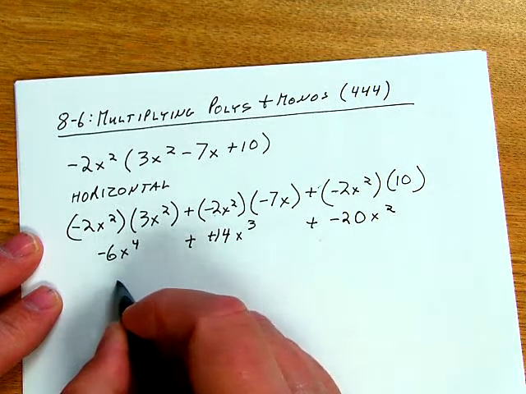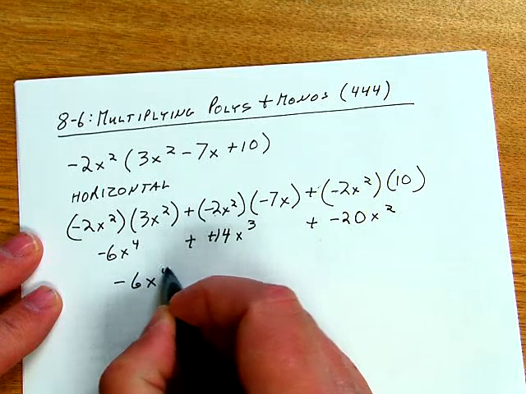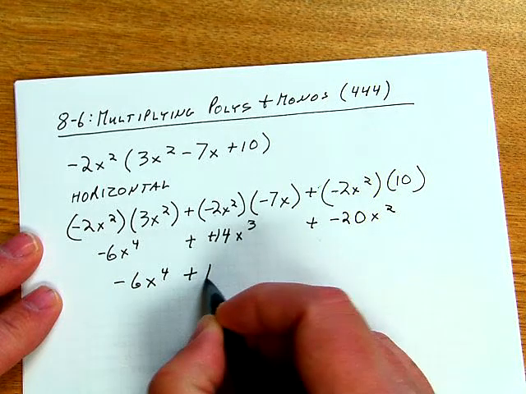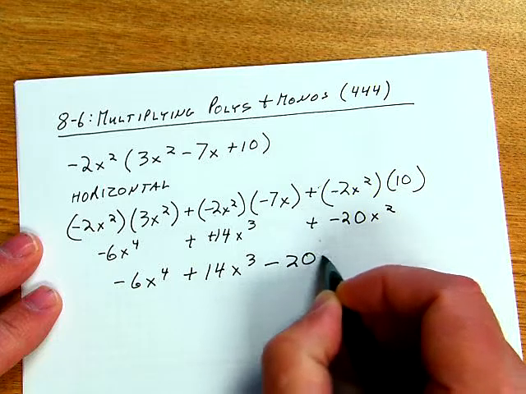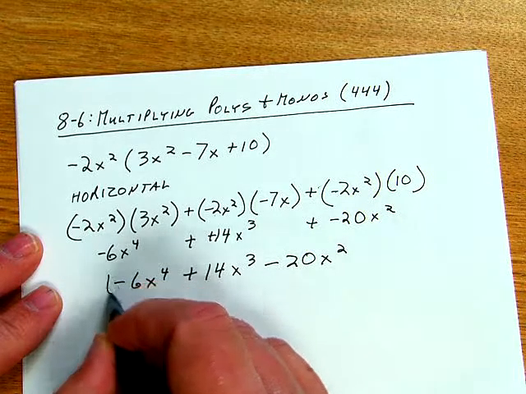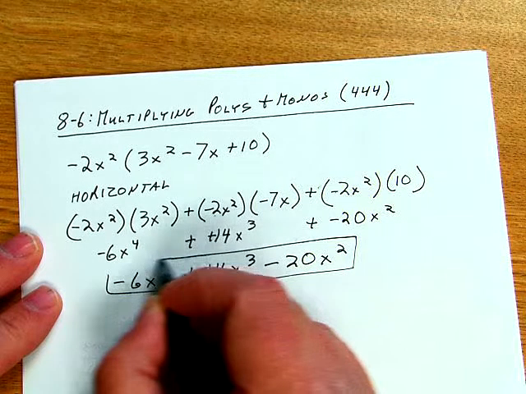Then we rewrite that: negative 6x to the fourth plus 14x to the third minus 20x squared, and there is our solution.